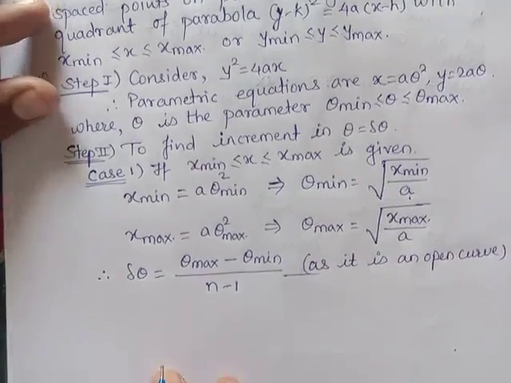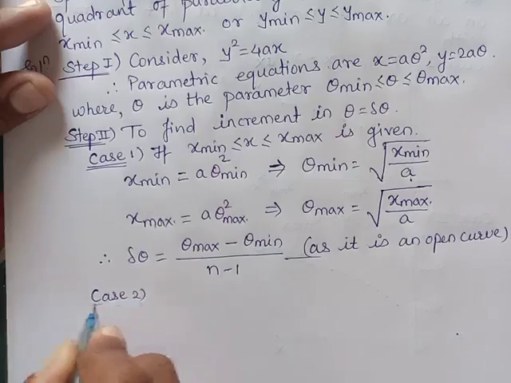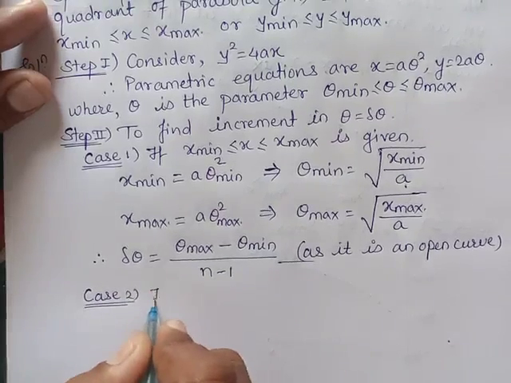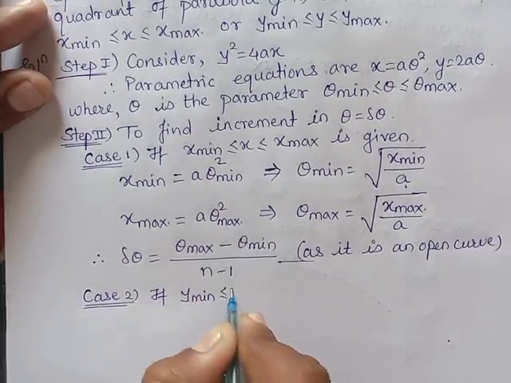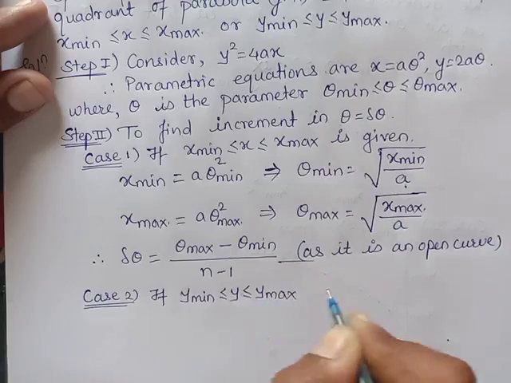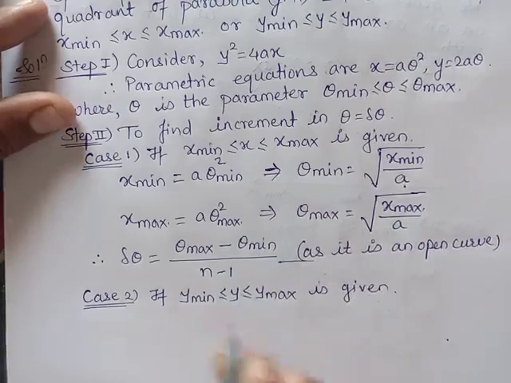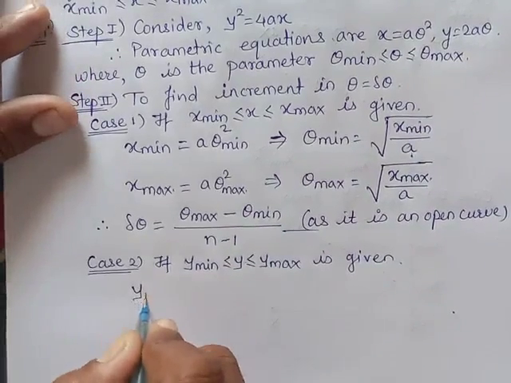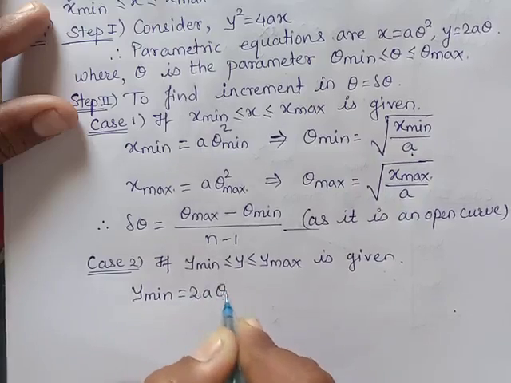Right? Again, case 2. Case 2 says if y minimum less equal y maximum is given, y minimum equal to 2a theta minimum.